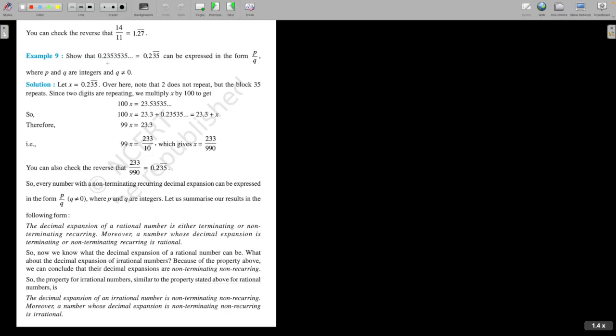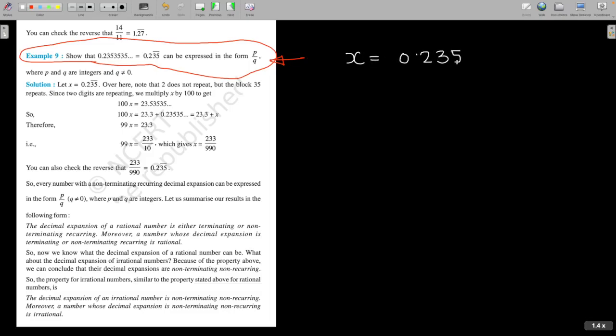Now there's one more example here, and these are all interesting, and I think these are all examples worth a visit from you. So I'm also going to do this problem. So x is equal to 0.235 35 and then 35, which is the same as 0.235 recurring.